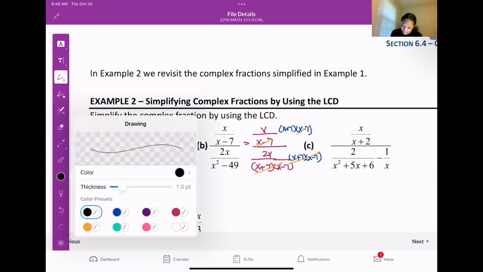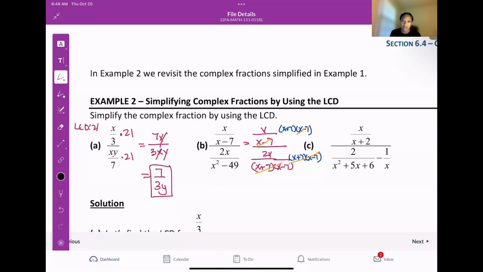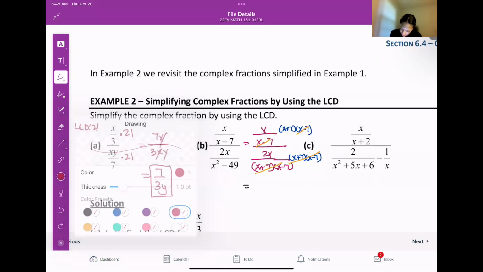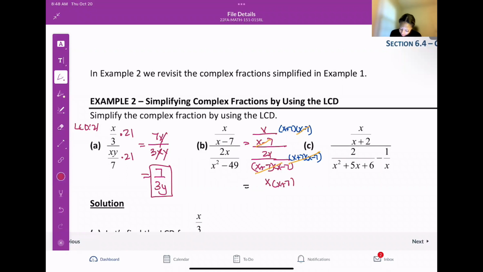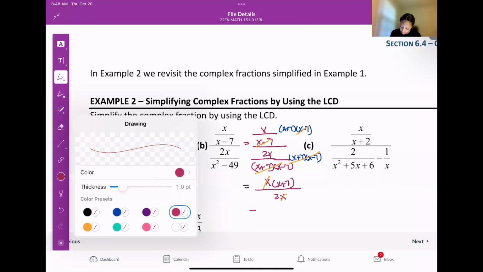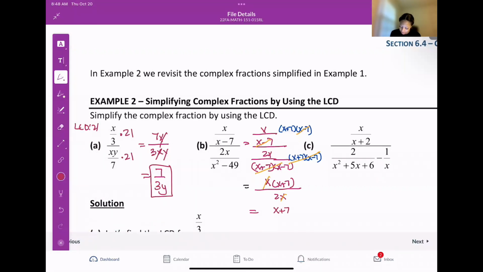So we'd be left with x times x plus 7 in the numerator, and the denominator just has a 2x. Can we simplify more? Yes, we can cancel out the x's. And then last step, we're left with x plus 7 over 2 as our final answer.